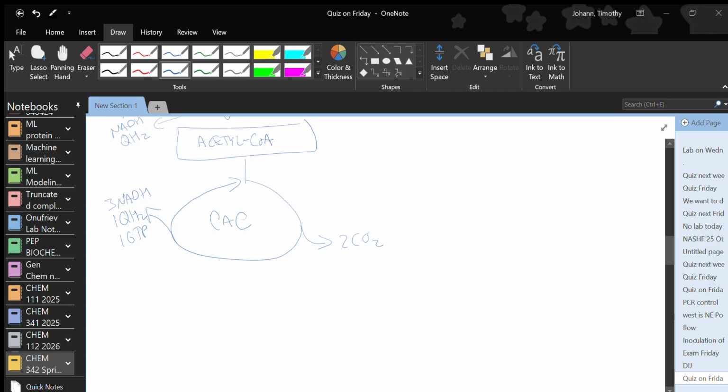Regardless, well, not the GTP, but regardless of where those come from, they're going to go into the electron transport chain, so we're going to end up with NAD plus or ubiquinone.